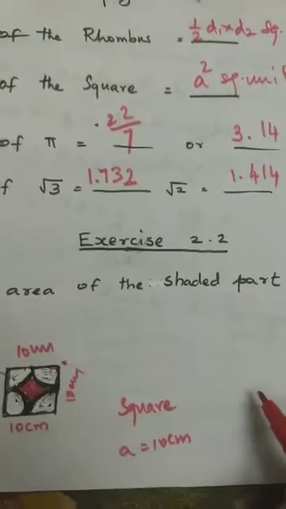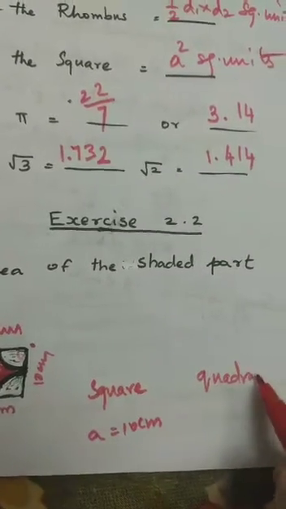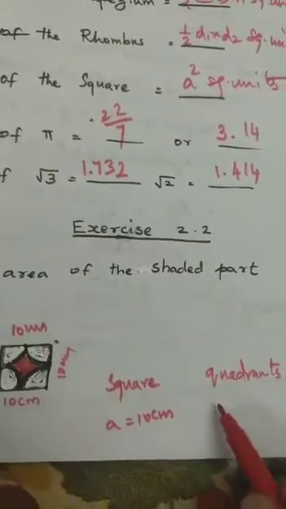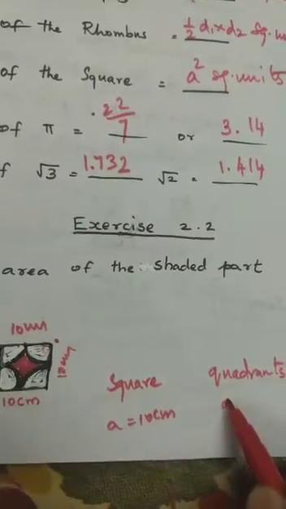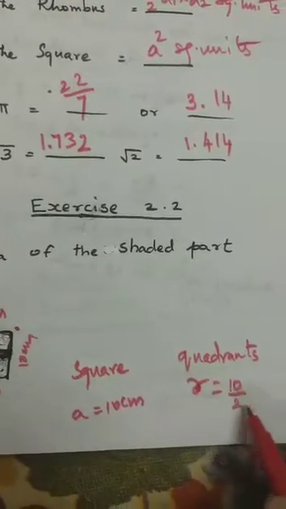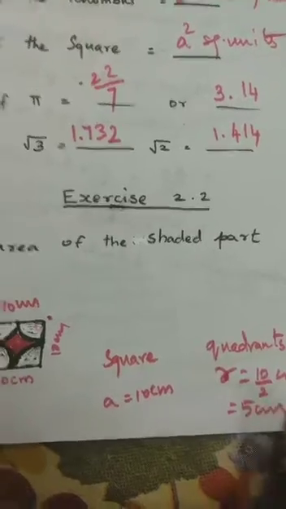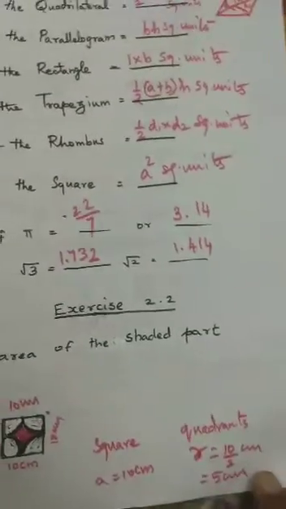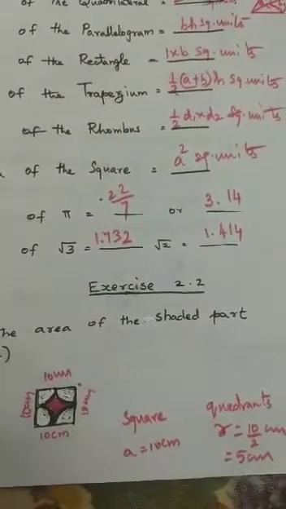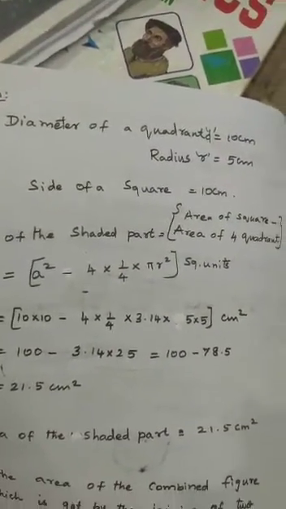Then another one we have, that is quadrants. For that we need R. So for that R is equal to 10 by 2 centimeter, that is equal to 5 centimeter. Have you understood? Now we shall do the problem. Diameter of a quadrant is 10 centimeter.